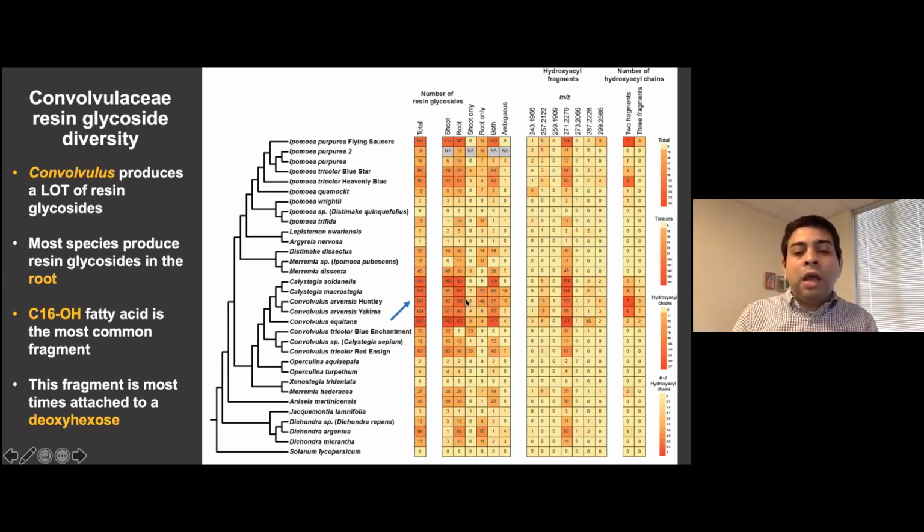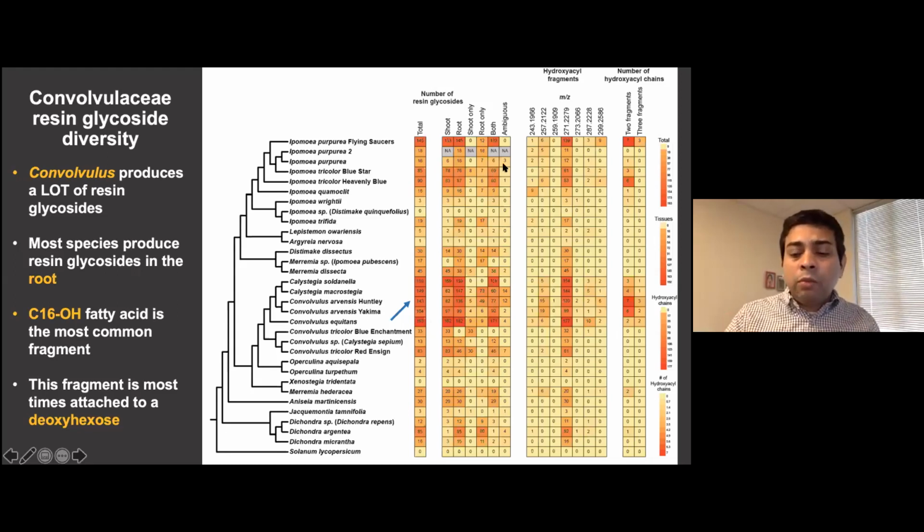We don't know exactly why that's happening, or whether this is unique to Convolvulaceae. We do see a high number of peaks in Ipomoea species too right here, but uniformly many of these Convolvulus species show a high number of resin glycosides.